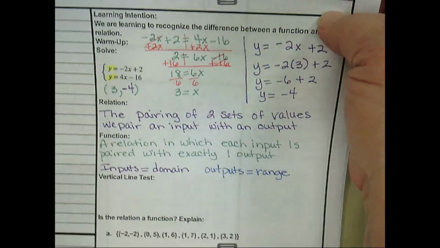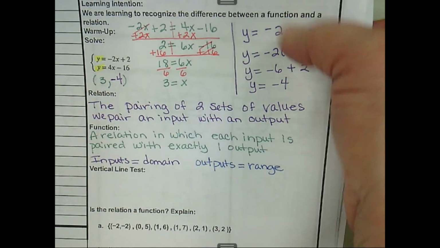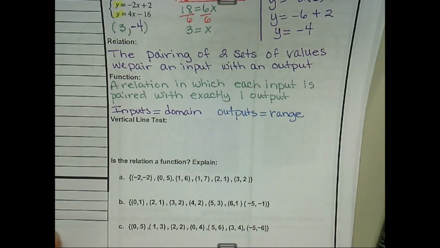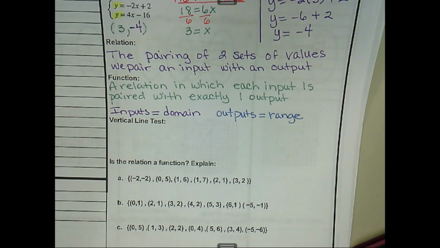This brings us to the vertical line test. The vertical line test is a test we use for graphs. And it tells us that the graph is a function, if and only if all vertical lines intersect the graph at one point only.